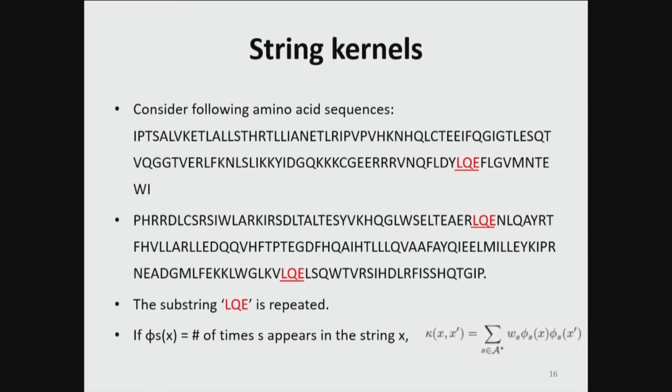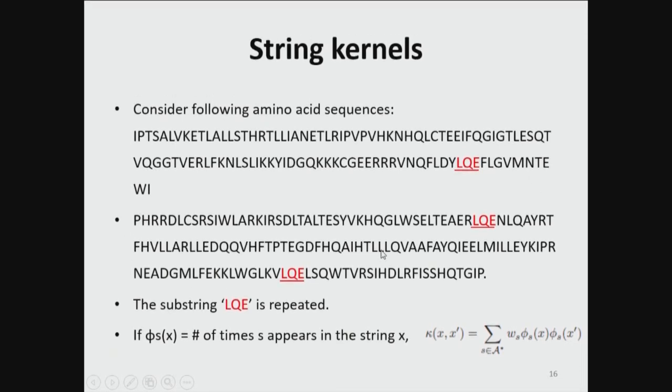For a simple illustration, after having these two amino acid sequences, we look at a substring called LQE and check whether LQE is repeated in these two strings or not. On a casual look, if you go through the first amino acid sequence, we notice that at least one time LQE is repeated.